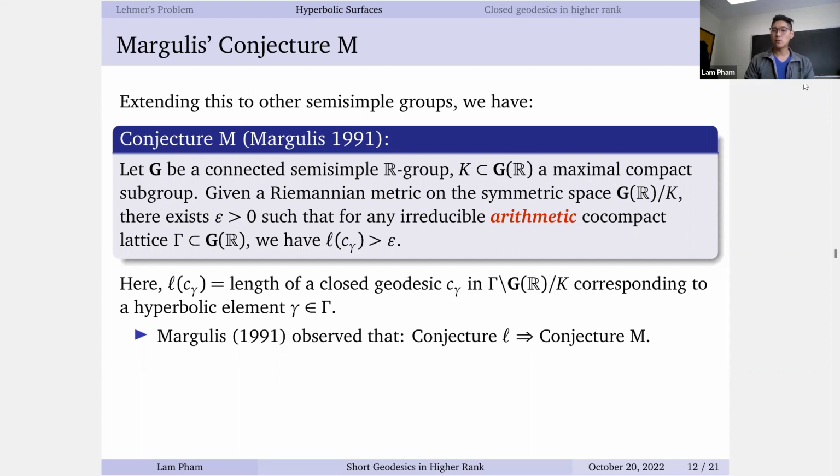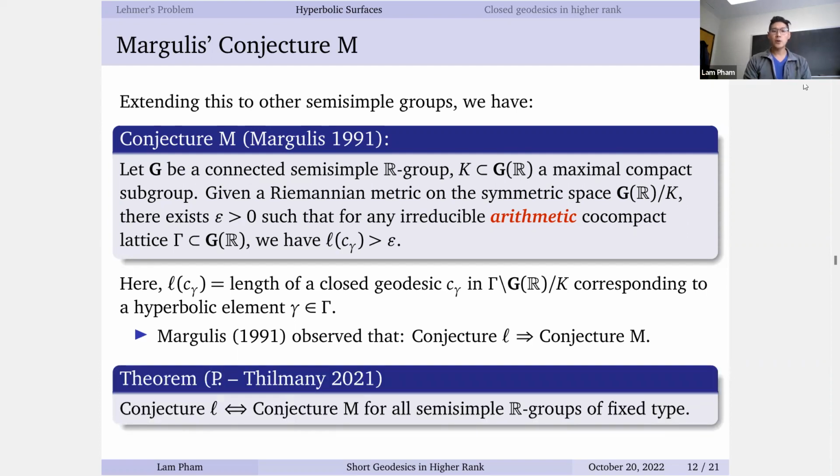But for the audience, there is also some recent work from Emery, Ratcliffe, and Tschantz that shows that you have a similar, slightly different, correspondence between Salem numbers and lengths of closed geodesics in SO(n,1), in some arithmetic lattices in SO(n,1). In their case, the lattices are often non-co-compact, but I'll just leave it there.